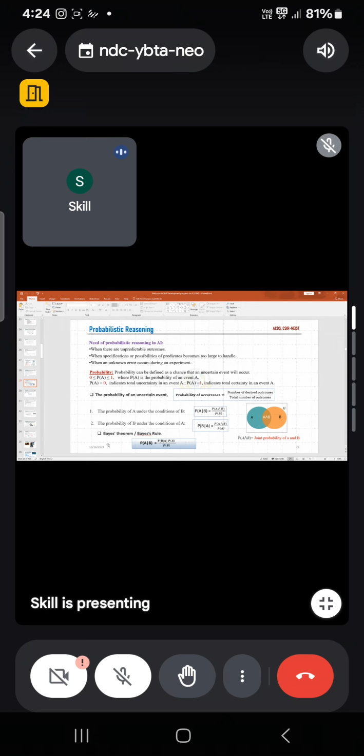If probability of A equals 0, then it indicates total uncertainty in an event A. And if probability of A equals 1, then it indicates total certainty in an event A. So 0 will indicate uncertainty, and 1 will indicate certainty. That we will see with an example in the later part of this slide.